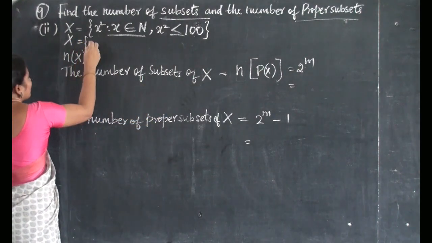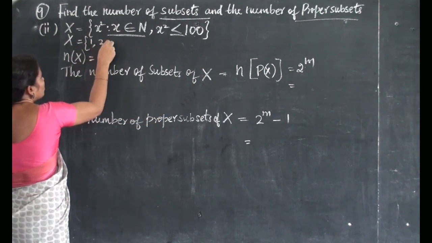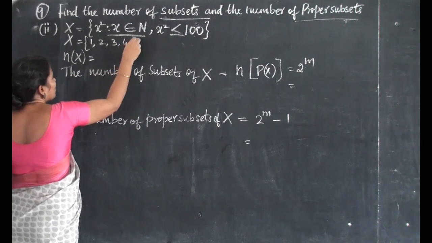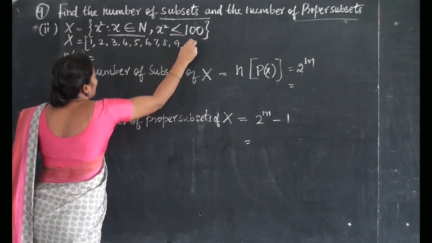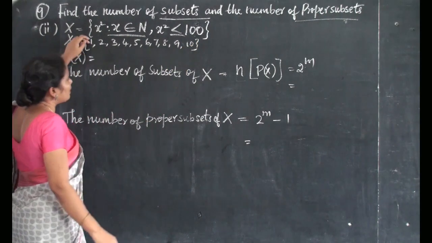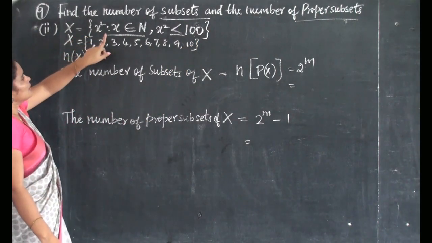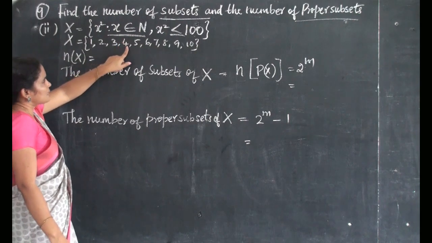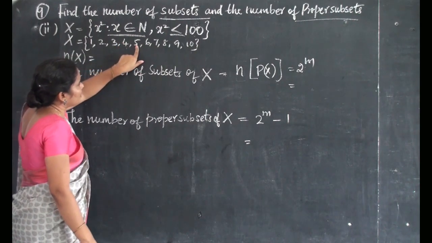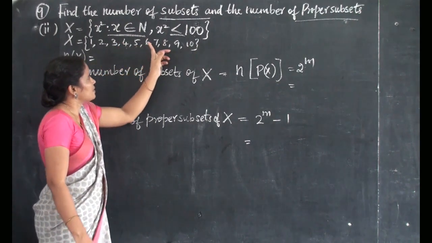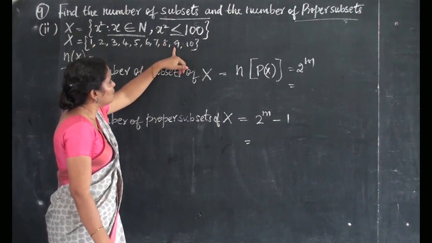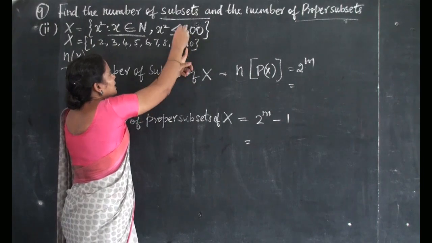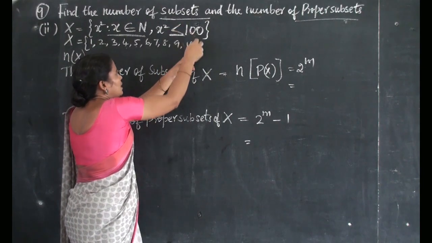It will be 1, 2, 3, 4, 5, 6, 7, 8, 9 and 10. How? 1 into 1 is 1, 2 2s are 4, 3 3s are 9, 4 4s are 16, 5 5s are 25, 6 6s are 36, 7 7s are 49, 8 8s are 64, 9 9s are 81, 10 10s are 100. It is less than or equal to 100.